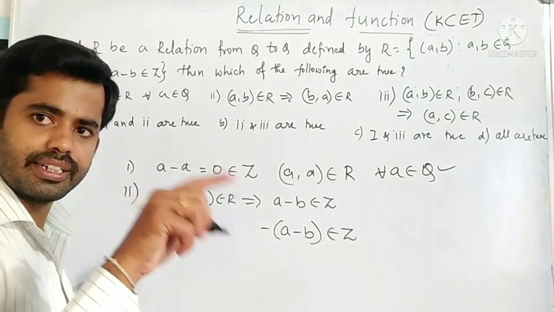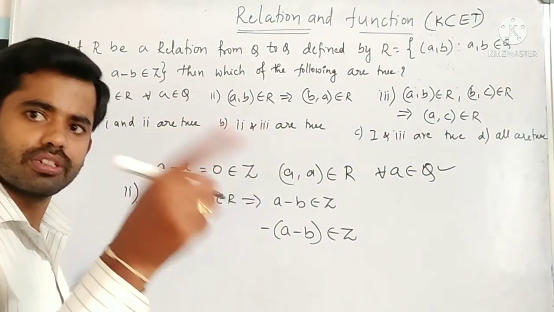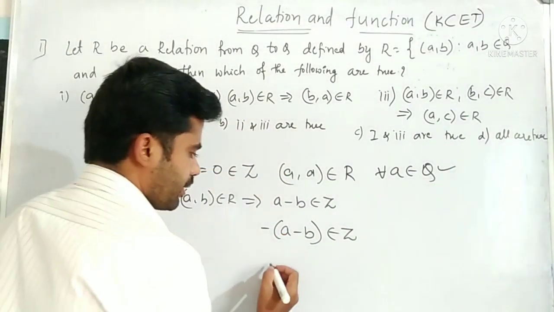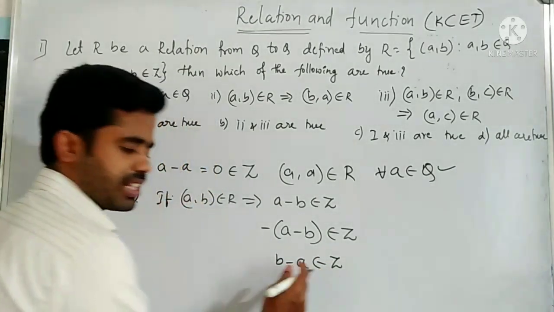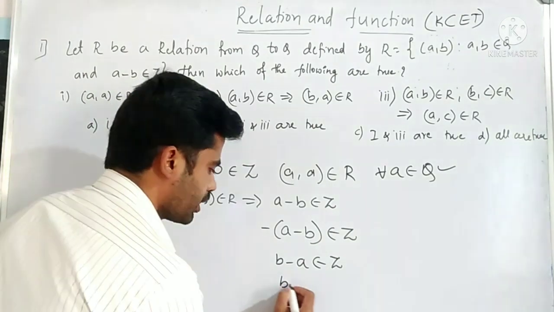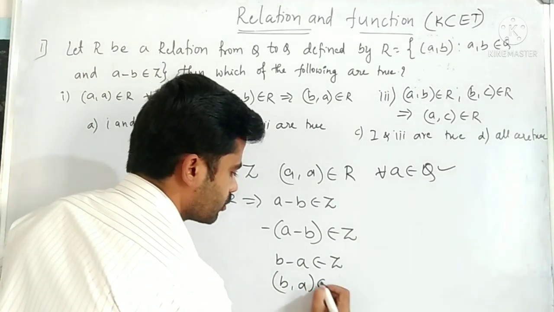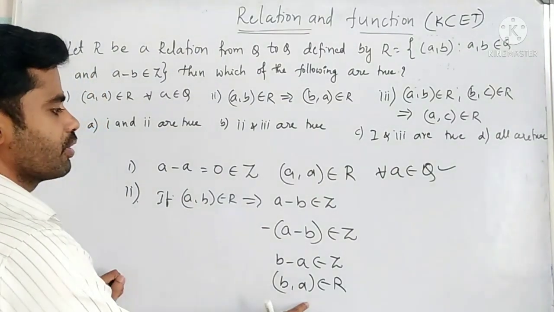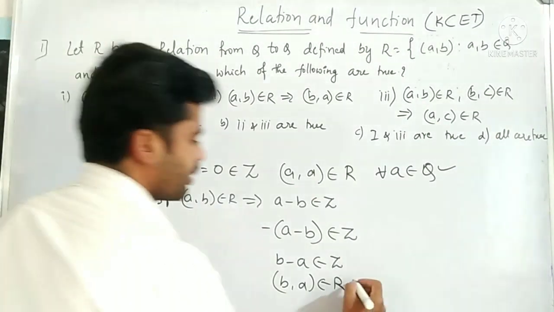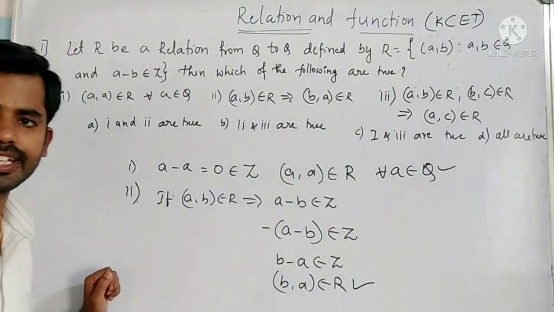Yes, any integer, its negative is also an integer. Then b minus a belongs to the integers, which means (b, a) belongs to the relation. Yes, it belongs to the relation. Hence, it is a symmetric relation. Second one is also satisfied.